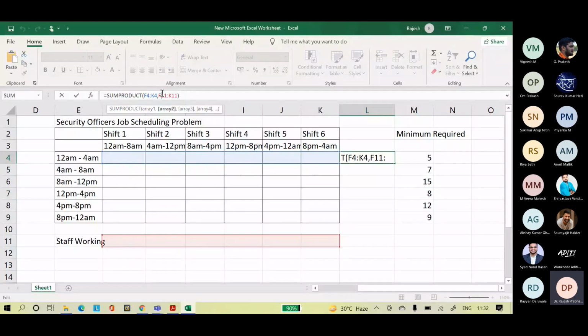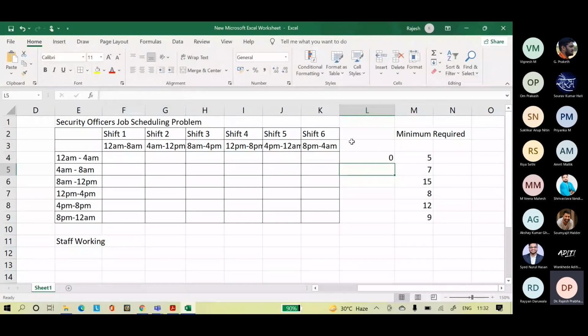So we have to fix the cell of the last one. Sir, could you please repeat the formula again? I'm repeating, 1 second.